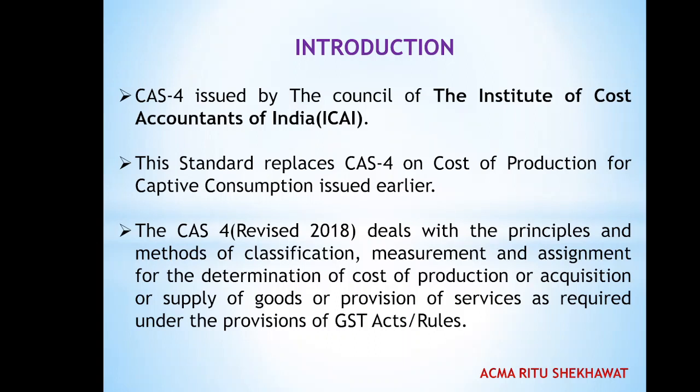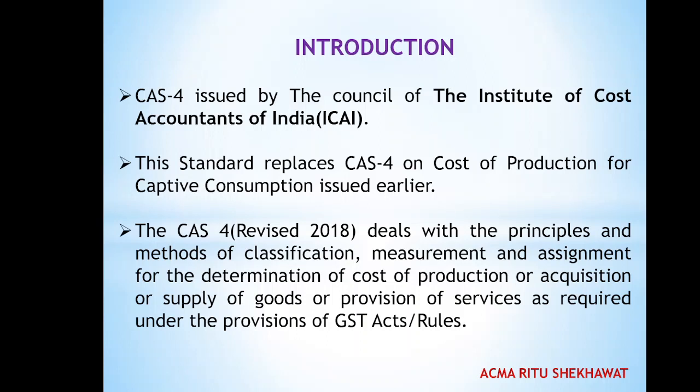Direct material consumed is opening stock plus purchases plus taxes, where taxes that are not includable, that is, no ITC is available on them, are included, net of closing stock. This is how we calculate the cost of production for goods consumed for captive consumption.